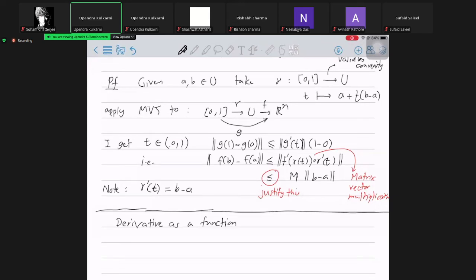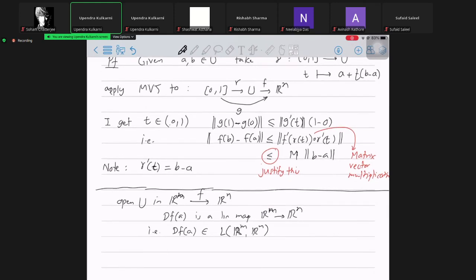But the point is, you see, if I have an open set U in Rm, f from U to Rn, then df of A is a linear map, if it exists, from Rm to Rn. df of A is an element of L(Rm, Rn).